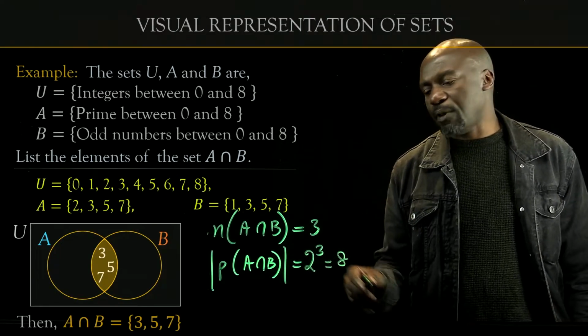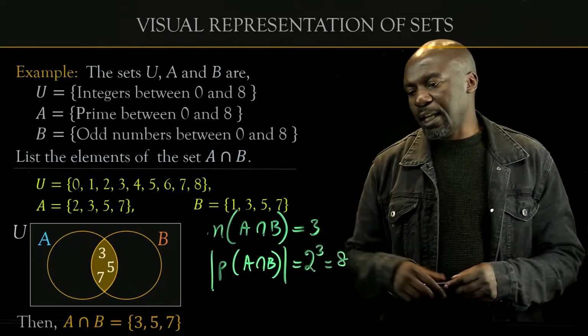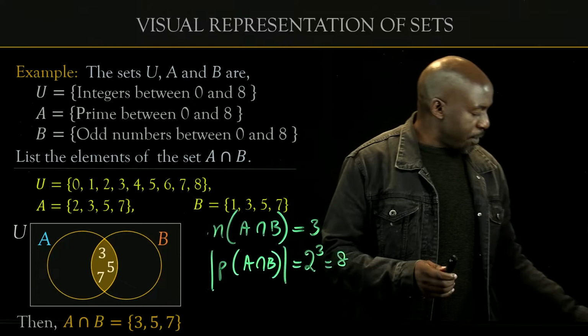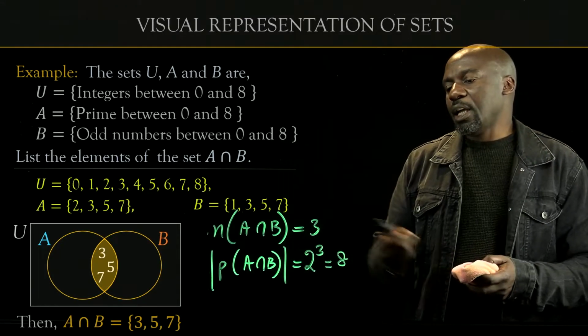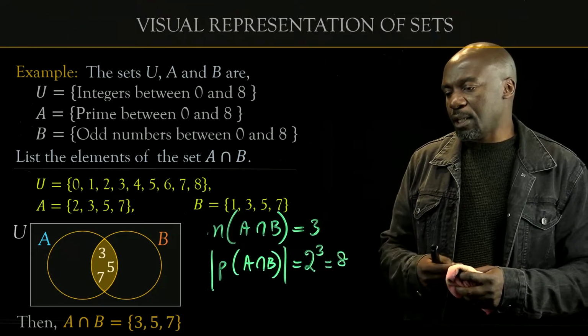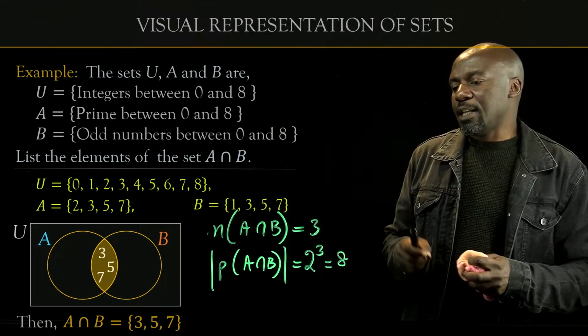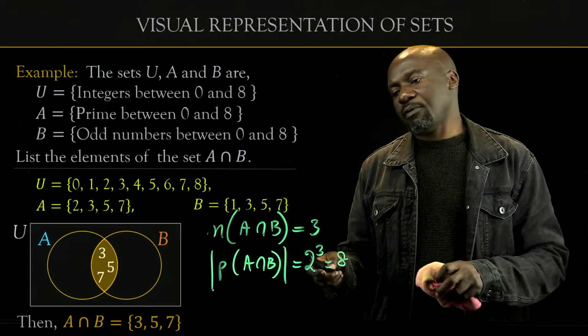So we expect to find 8 subsets of the set A intersection B. If somebody was asking us to find the number of subsets in this set, then this is how we would find it. It is also possible to list the subsets of the set A intersection B, and if we can list all of them, that would give us what we call the power set.